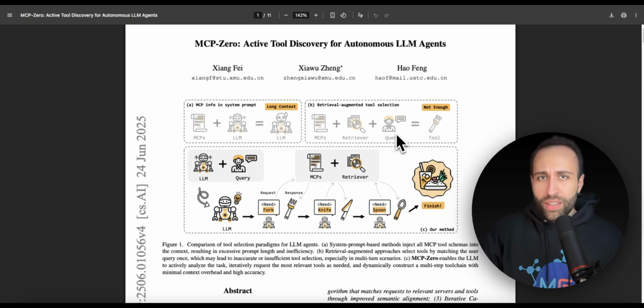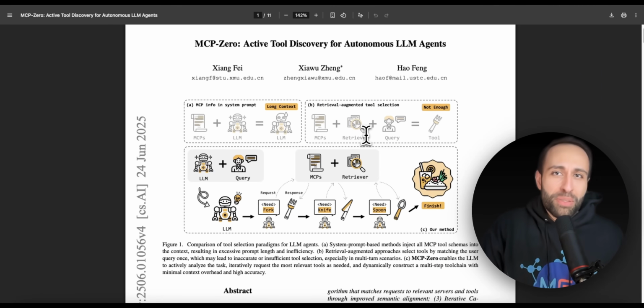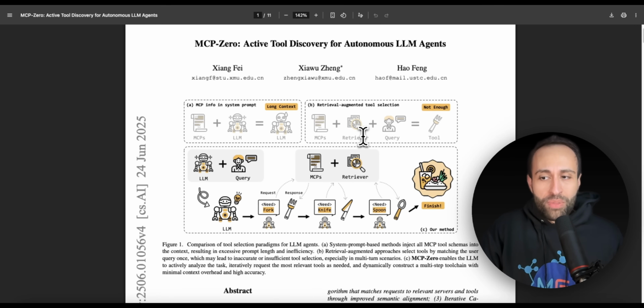What is the challenge with this? Well, it is not enough, because with just the user query similarity to MCP tools, there's a great chance that you will miscalculate, because sometimes the query of the user is not as straightforward and it might involve multiple tools that you need to call, which is not feasible to fetch with just similarity search.